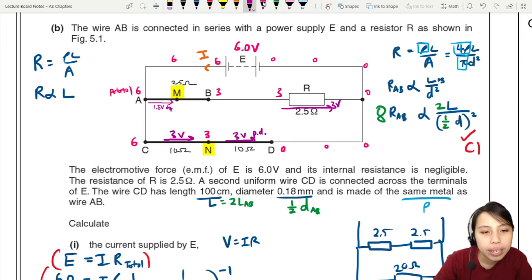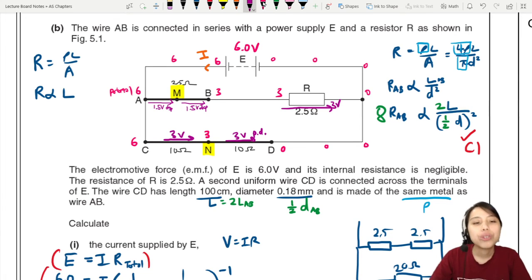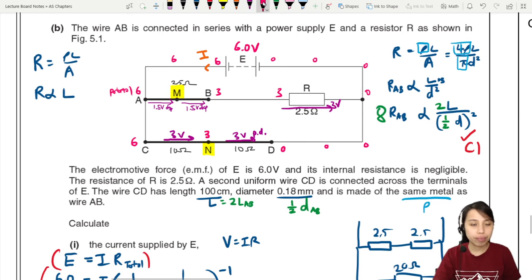Drop. Then you drop again, 1.5. Drop. Potential difference is difference. So 6 minus 1.5. What's the value? It's 4.5. So at this point, we are at 4.5 at point M.